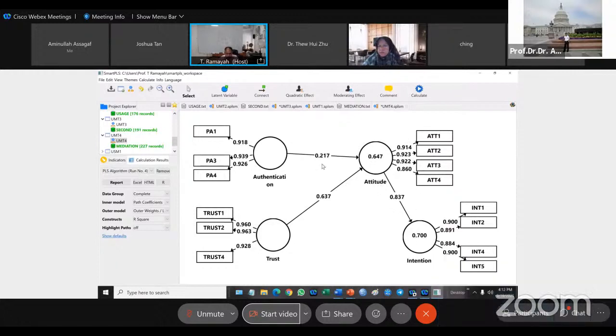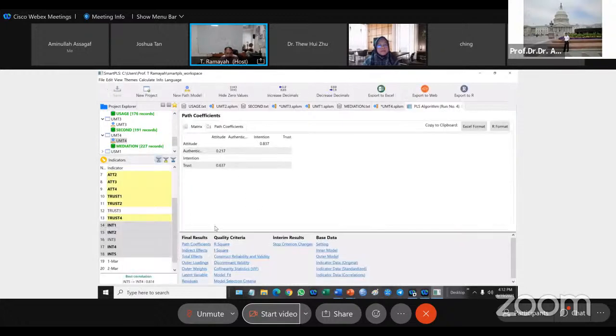We are only looking at the beta, whether the indirect effect, A1 times B and A2 times B, are they significant? To know whether this relationship is significant or not, you can also look at the indirect effect.